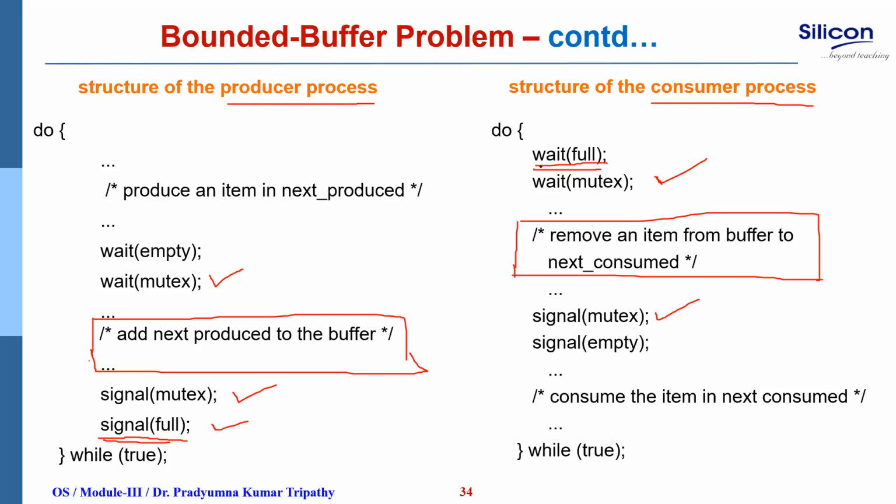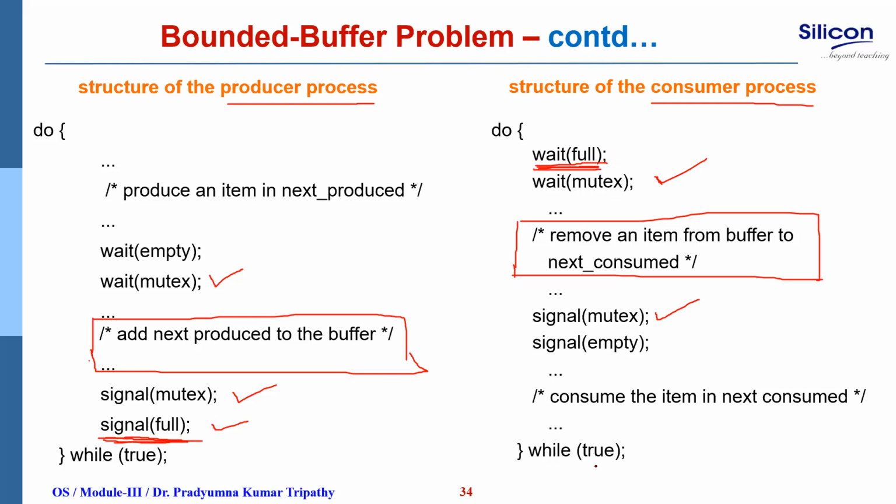Full is a counting semaphore, so unless it is a positive value, it will not go to the next statement. So we have signal full, which says that the item is produced and full is incremented, so the consumer's condition will not be satisfied because full becomes 1 or some positive value. So less than or equal to 0 doesn't satisfy and it will enter.